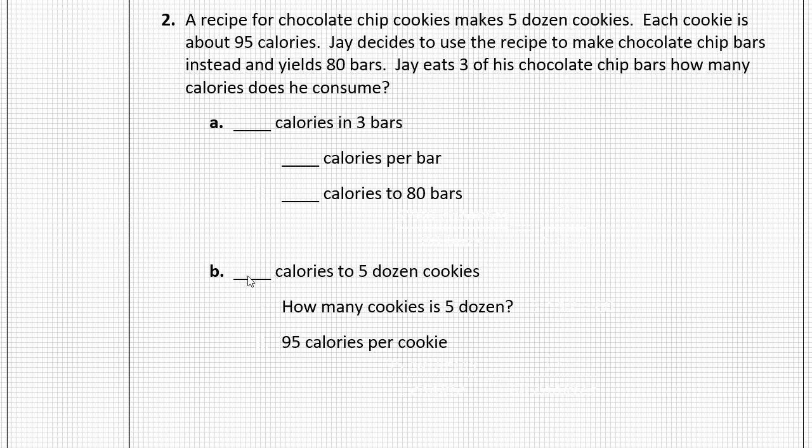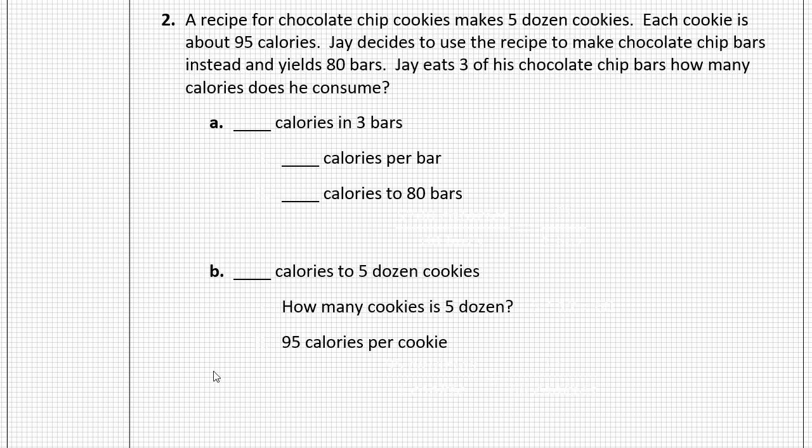So we need to know how many calories in 5 dozen cookies, and we need to know how many cookies is 5 dozen, right? So we've worked our way through this problem and we've listed out the things we need to know to answer the question, how many calories in 3 bars? So we're ready to start working our way through it.